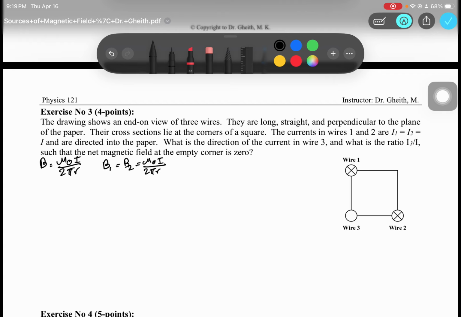So B total is the square root of B1 squared plus B2 squared. So we got root 2 into mu naught I by 2 pi d.